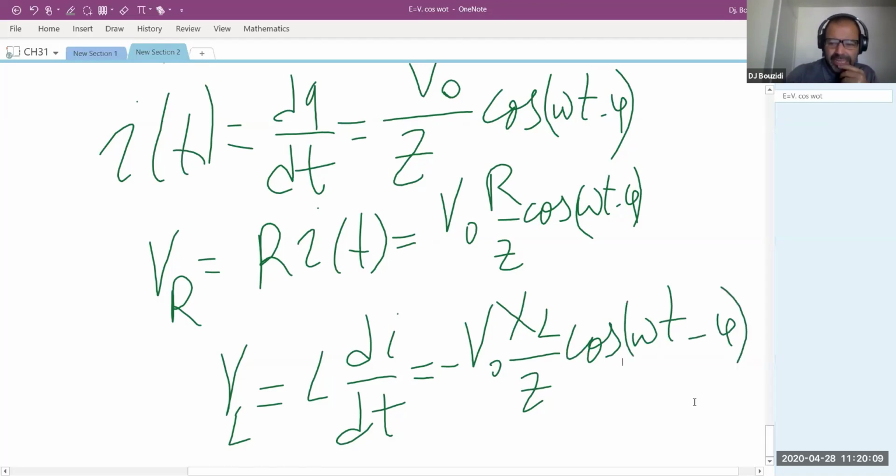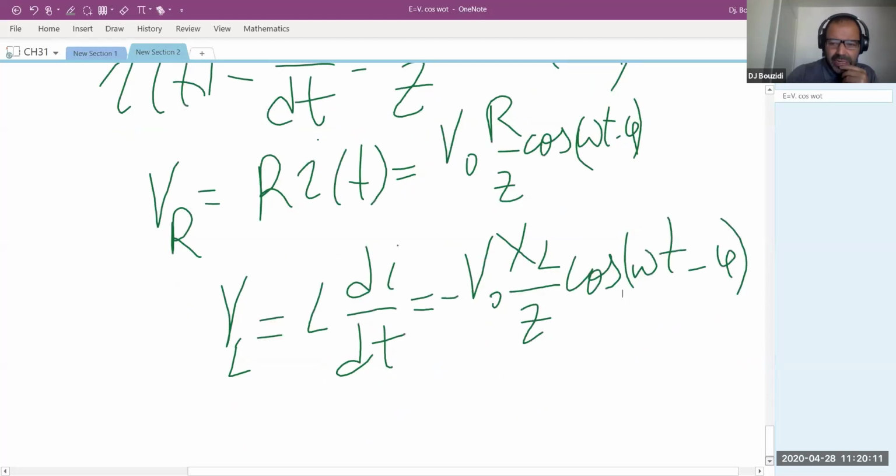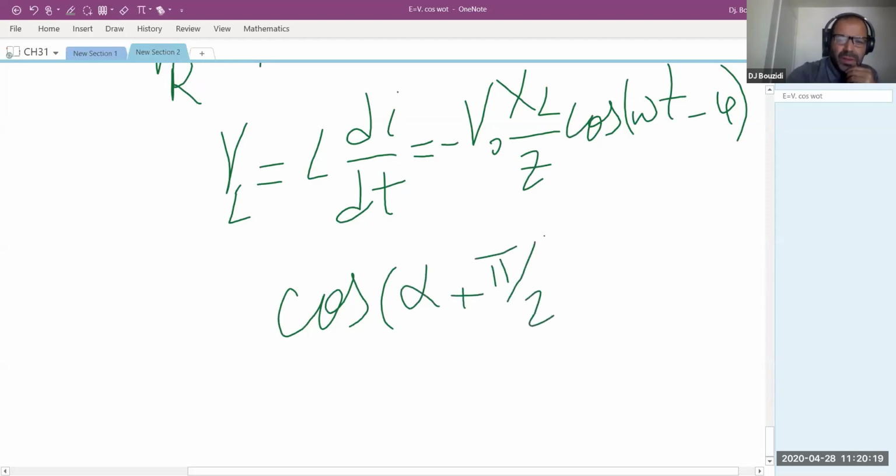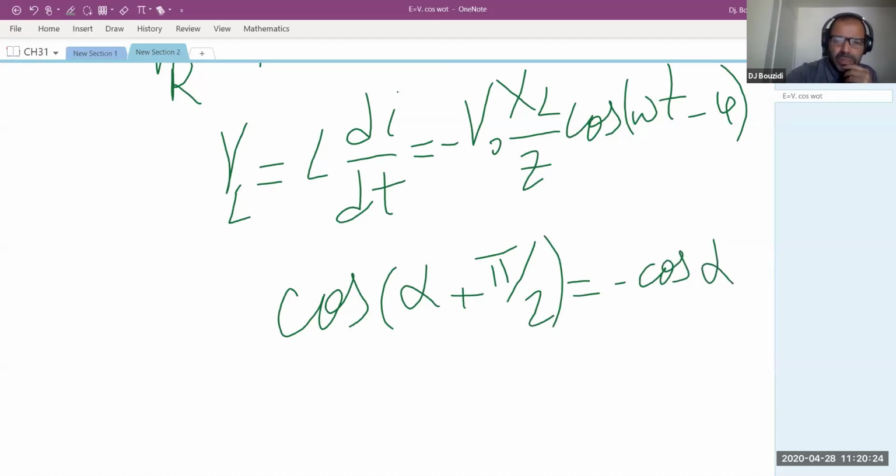There is an identity in trig that basically says cosine of any angle alpha, add to it pi over 2, is negative sine of alpha. I'm sorry, sine, not cosine.